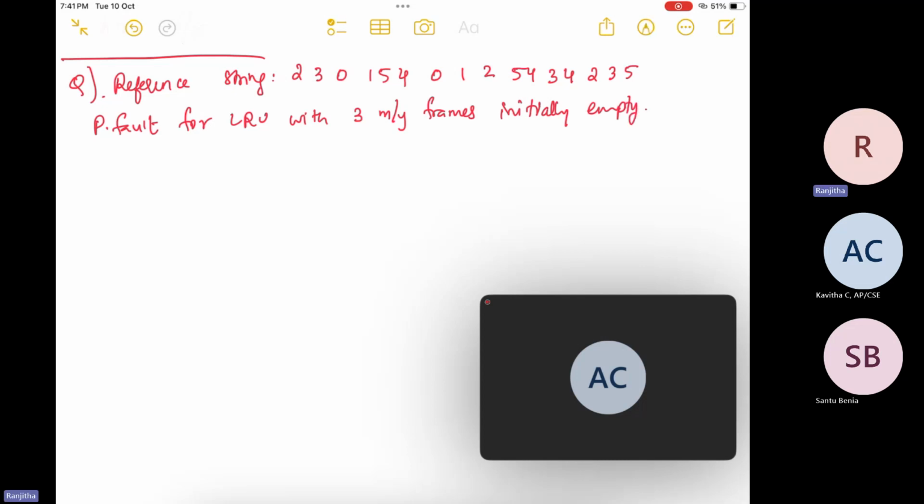So let's do it. First 2, 3 and 0. All of these will be page faults. It's given that initially the 3 frames are empty. Now when 1 is accessed, 2 will be replaced and 1 will be brought in. When 5 is accessed, 5 is not there, 3 will be replaced and 5 will be brought in. When 4 is referenced, 0 will be replaced and 4 will be brought in.